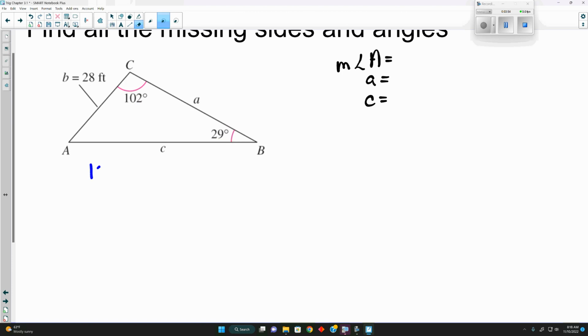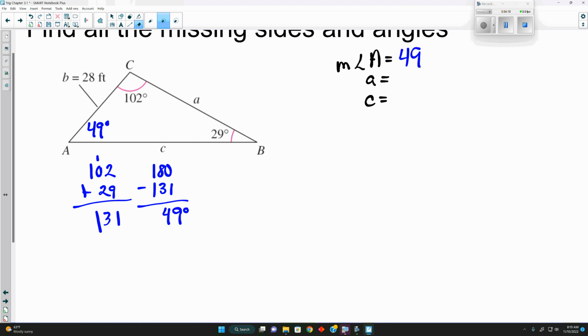So we could take 102 and add to it 29 degrees. 9 plus 2 is 11, carry the 1. So we get 131. And we could subtract that from 180 and find out that the third angle is 49 degrees.